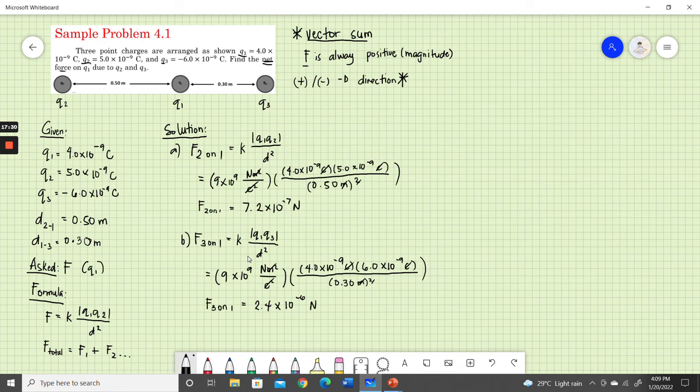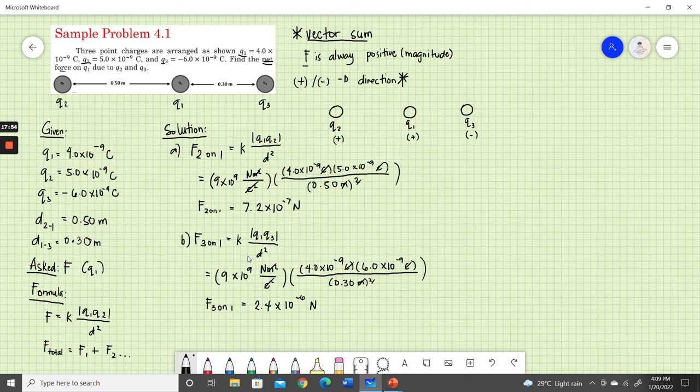So what you want to do is look at this picture right here. We have our Q2 here, and our Q2 is positive. We have our Q1 here, and our Q1 is positive, and we have our Q3 here, and our Q3 is positive.